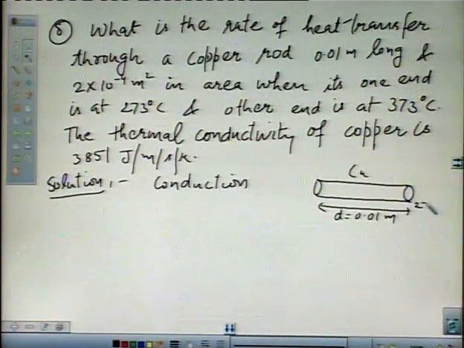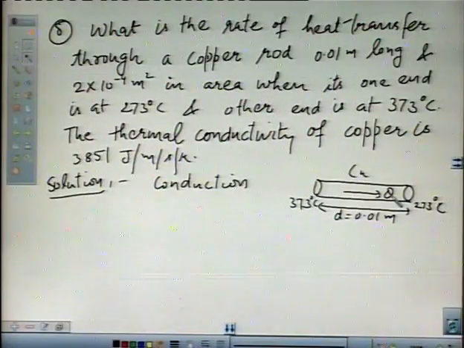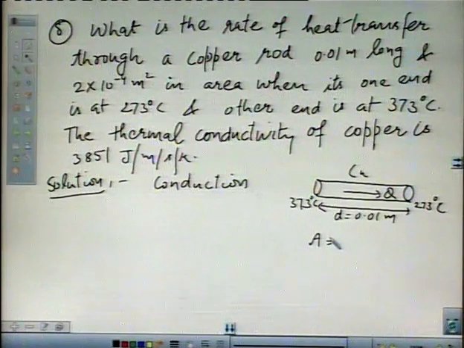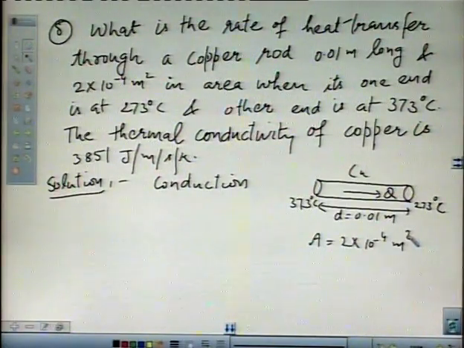This end is at 273 and this end is heated to 373 degrees Celsius. Now the heat is transferred from the end at high temperature to the end at low temperature. So heat is flowing in this direction. The area of cross section of the rod is equal to 2 into 10 raised to power minus 4 meter square.